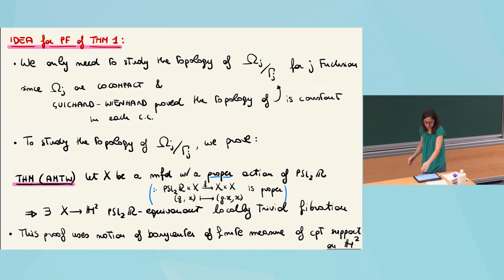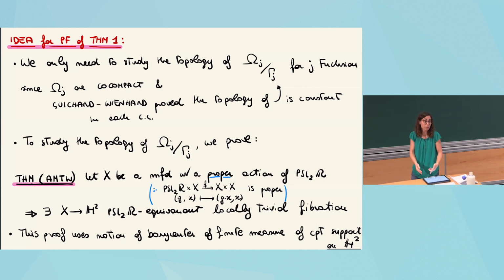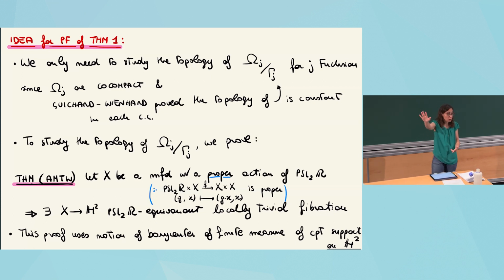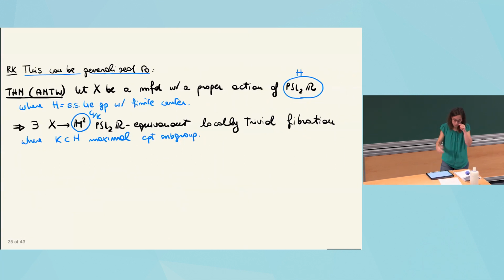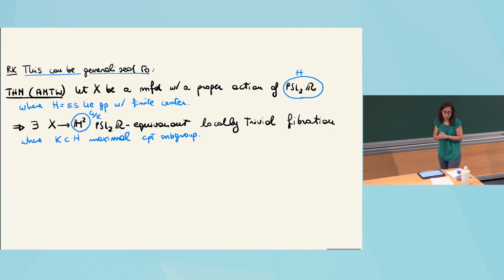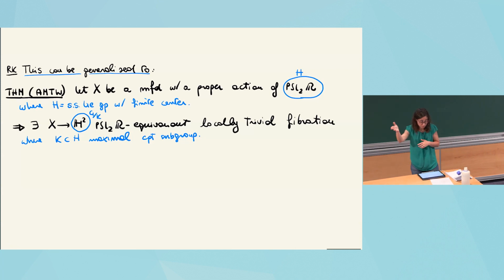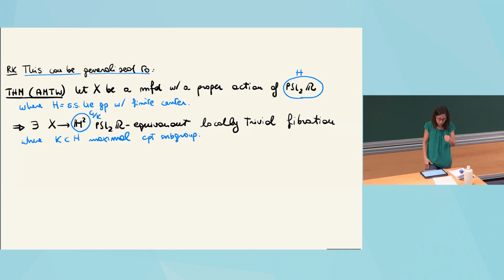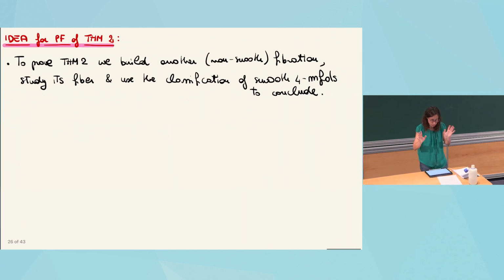And so you might guess that this theorem is in fact more general. You can replace PSL2R with another semisimple group of rank 1 with finite center, and H2 with its symmetric space. But today we will just discuss that.